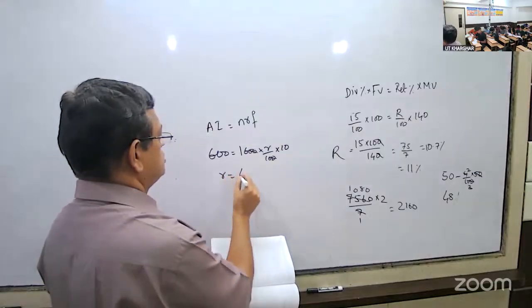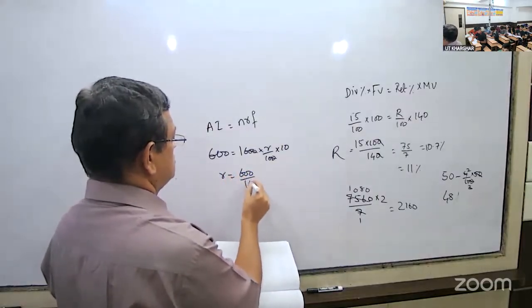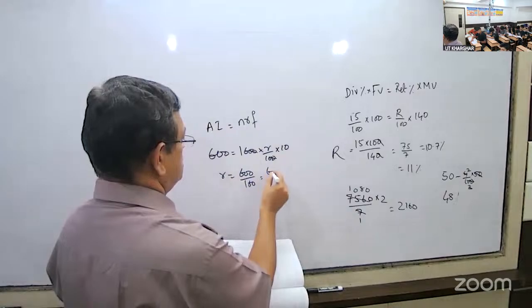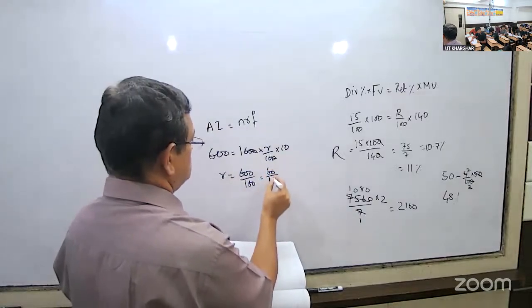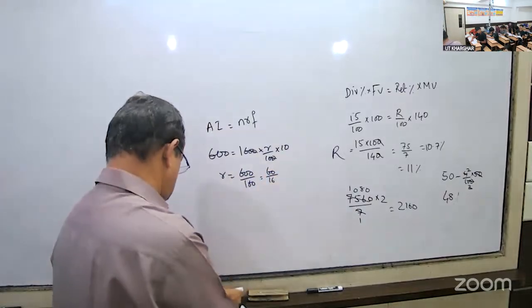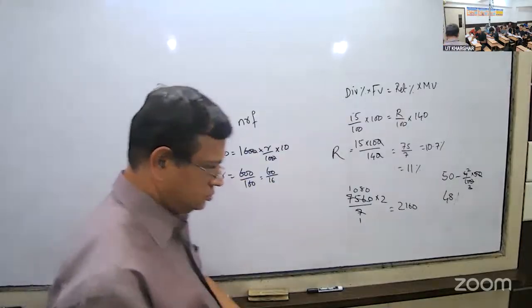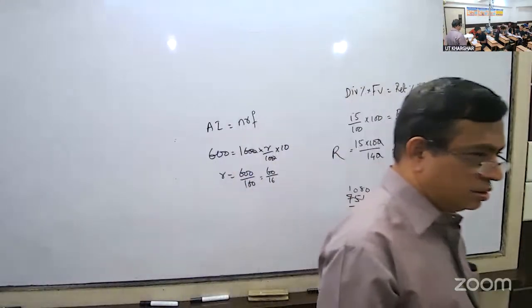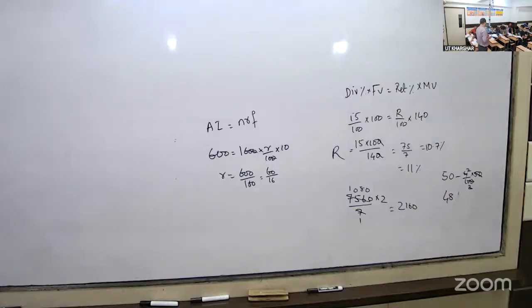R is equal to 600 by 160, 60 by 60, how much? 15 by 4, that's 3.75%. Who got the answer 3 by 4%? 3.75.